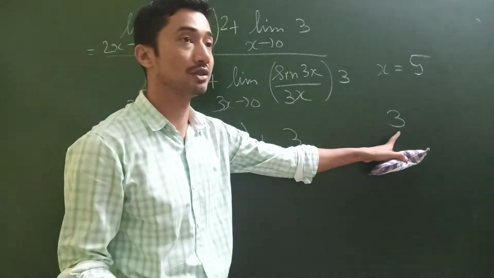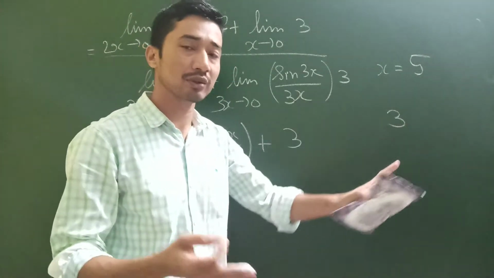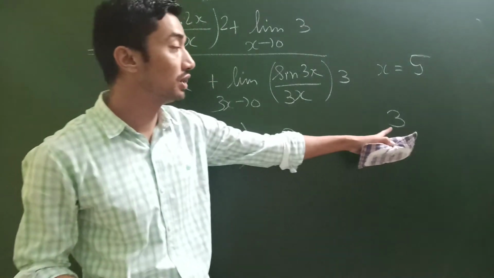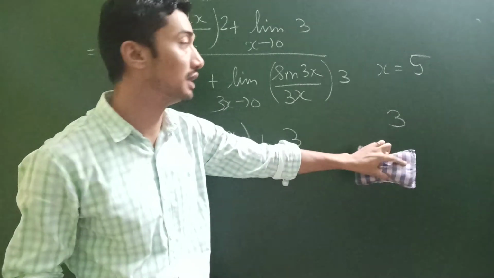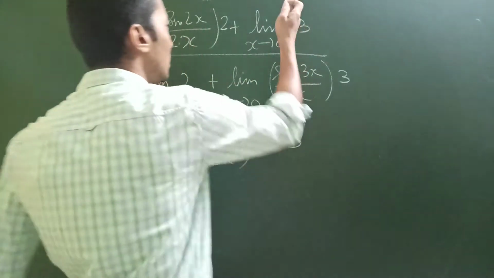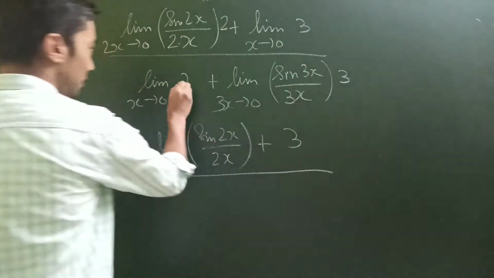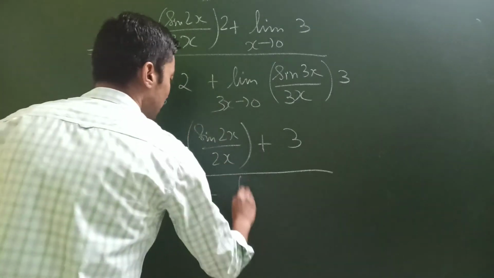There is no x here, so x is not going to have any effect on 3, isn't it? We are going to talk about this related to derivatives also. So when you talk of only constants, they don't play any part, that's why 3 remains 3. Similarly 2, constant, no changes because of x.